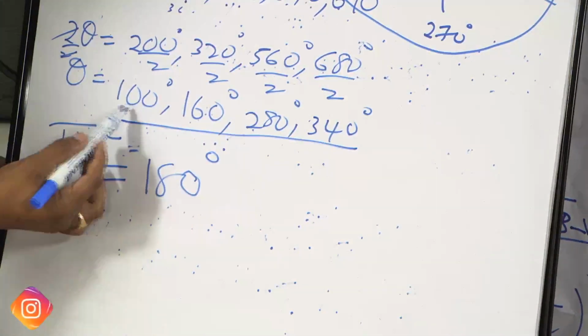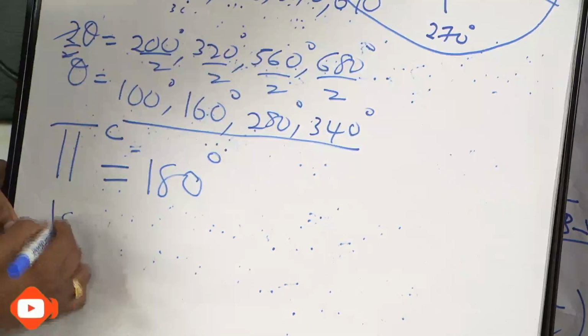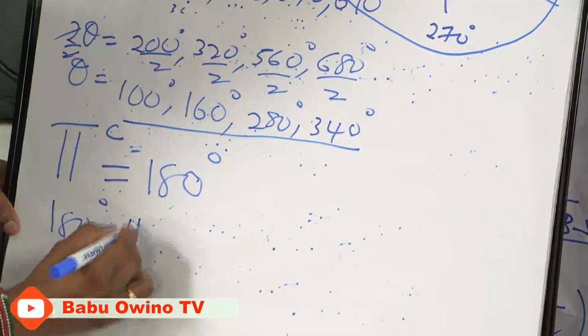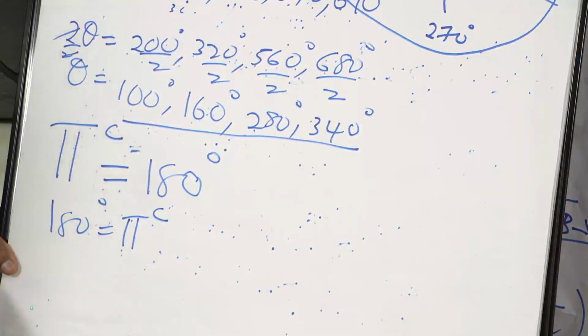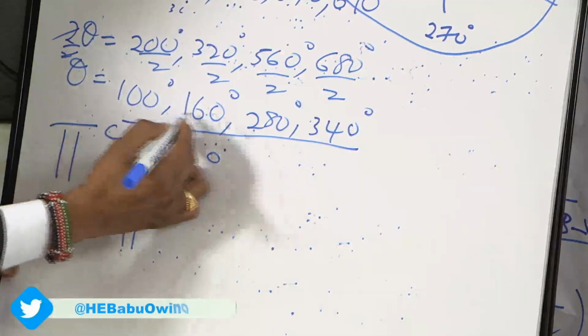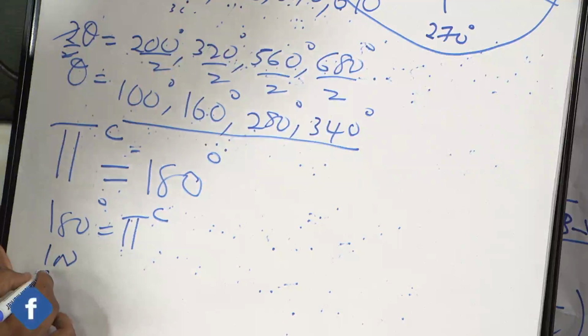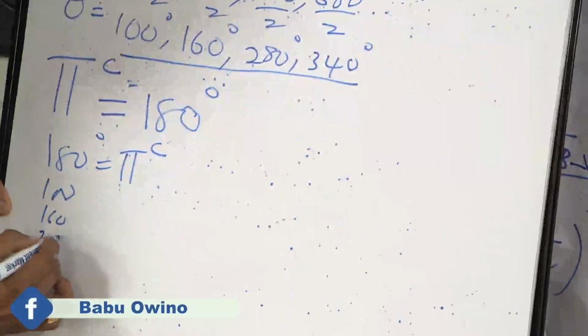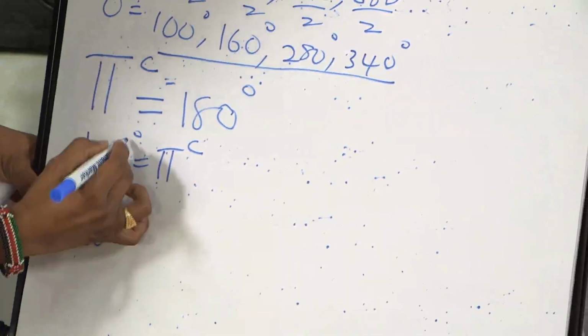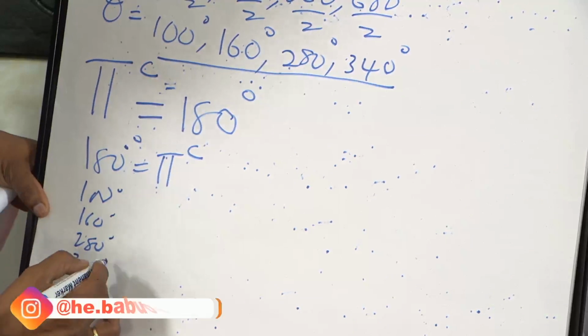Therefore, we want to convert this. If 180 degrees equals pi radians, what about all these angles? What about 100? What about 160? What about 280? What about 340 degrees?